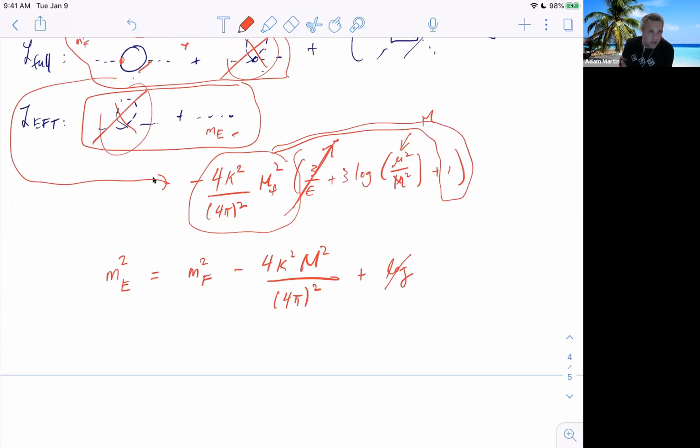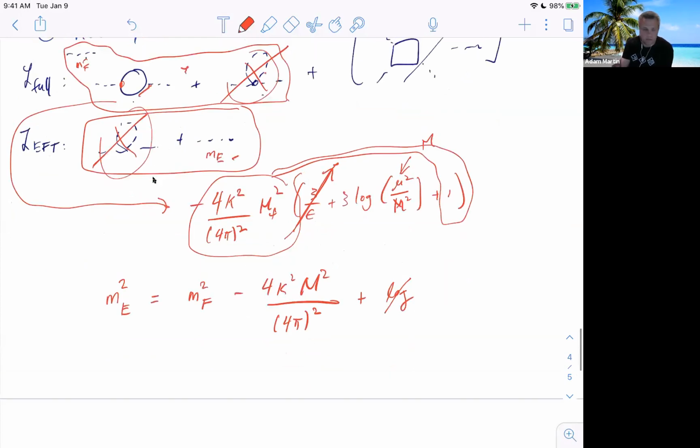Do we assume ME equals MF before? No, ME is the mass of the scalar in the effective theory. MF is the mass in the full theory. We're trying to derive one from the other. We've just gotten the relationship between them.